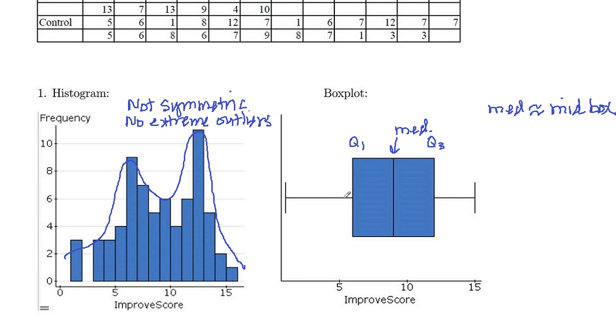So that's indicating fairly symmetric. We do see the left whisker is longer here, longer than the right whisker, indicating a little bit of skewing. But what we're seeing overall here, fairly symmetric from the box plot.